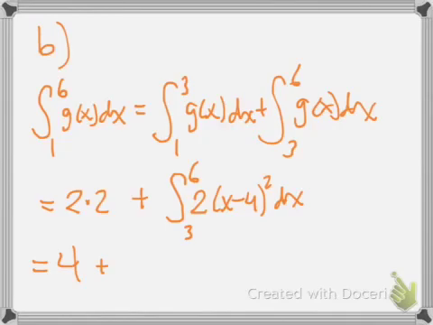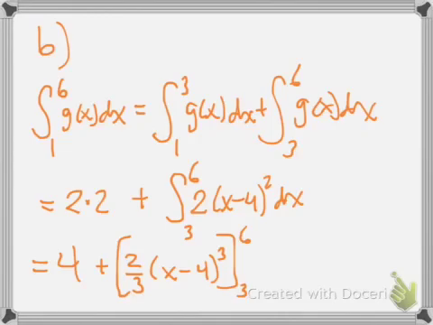And so this is essentially 2u squared dx that we're finding the integral of from 3 to 6. And so then when we do that, we're going to get 2/3 u cubed, or x minus 4 cubed. And I'm just mentally taking the derivative to make sure I'm not making any mistakes. And then we just got to evaluate that from 3 to 6.